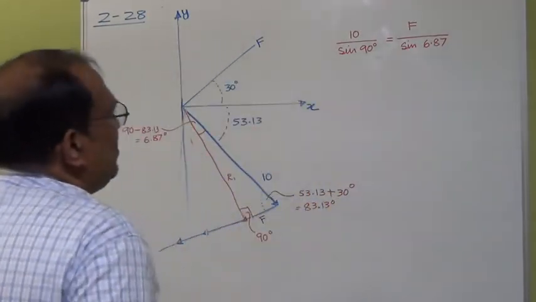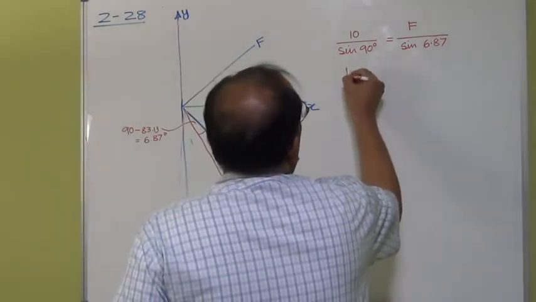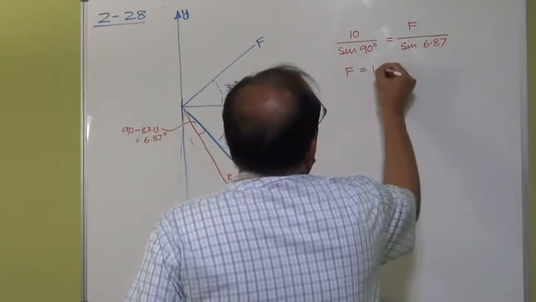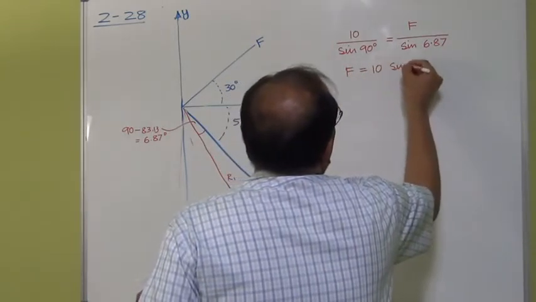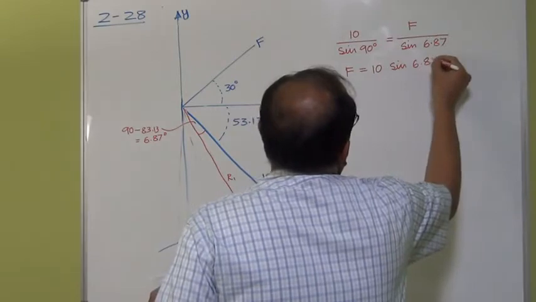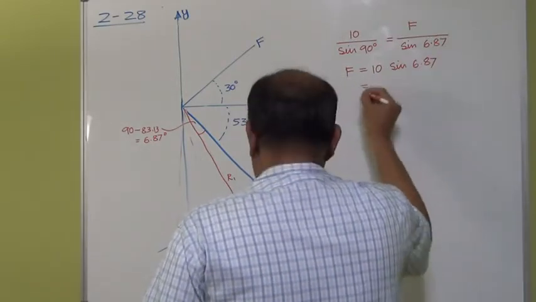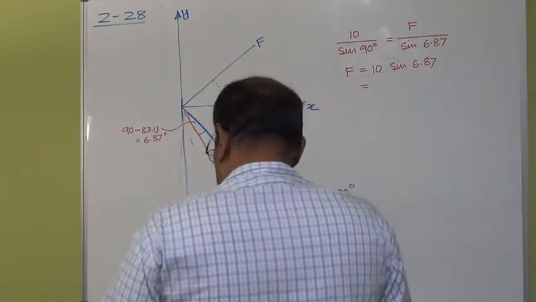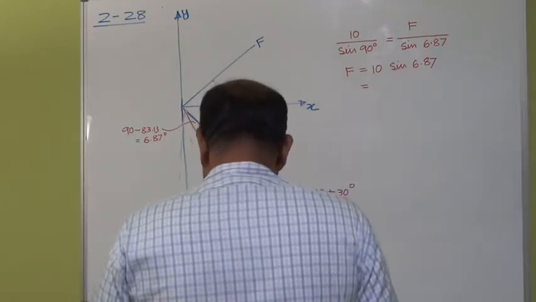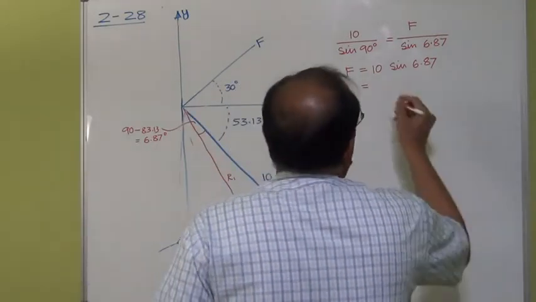So sine 90 is basically 1, so F is equal to 10 sine 6.87, which is 1.2 kilonewton.